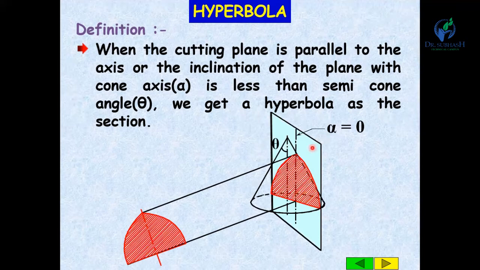So in this case alpha is equal to 0, because the cutting plane is parallel to the axis. So alpha is less than theta, so you will get a hyperbola as a curve. So these are the different 5 conic curves.